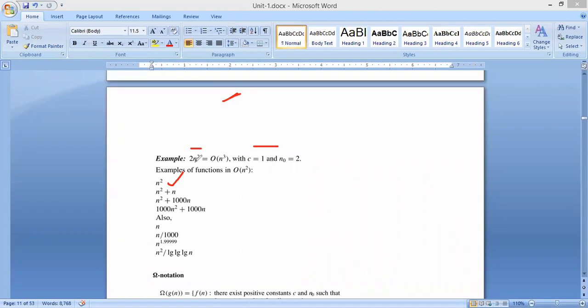When c equals this, let's suppose we have a value of n equals to, this is the constant we need to write. Let's suppose this is n cube.